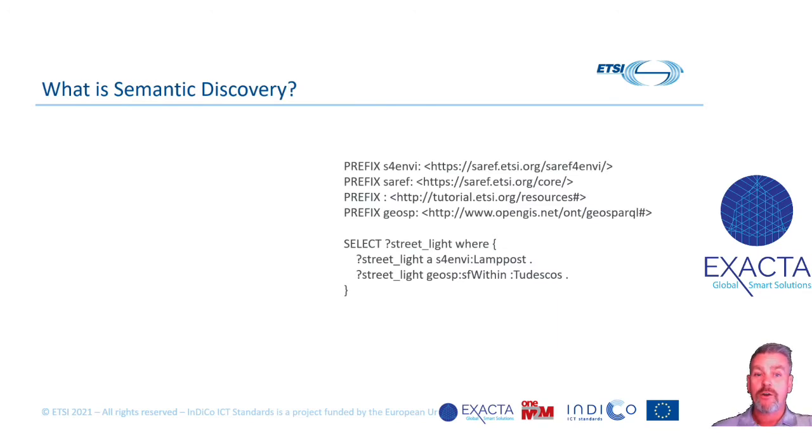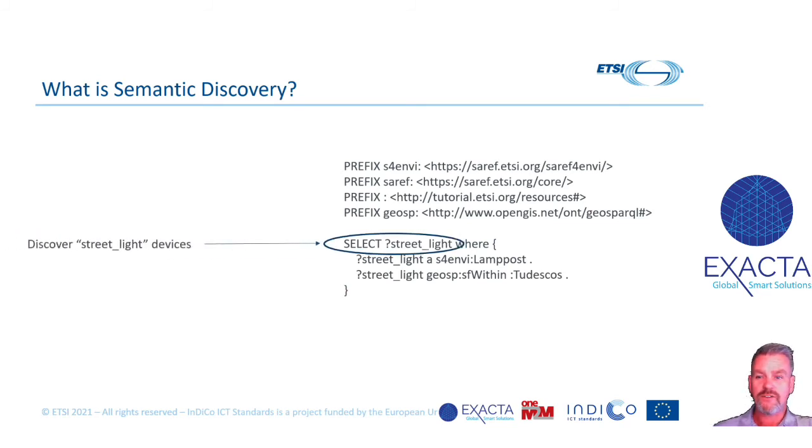Now that I know how to create semantic descriptions for my resources, let's take a look at the benefits that we get from that. I'll demonstrate one of the oneM2M features that take advantage of semantics, the semantic discovery. This is a sample discovery request that I'll show you.